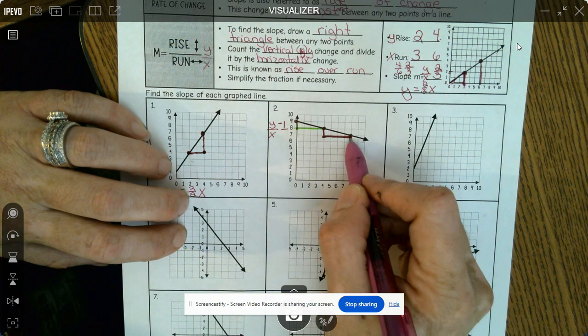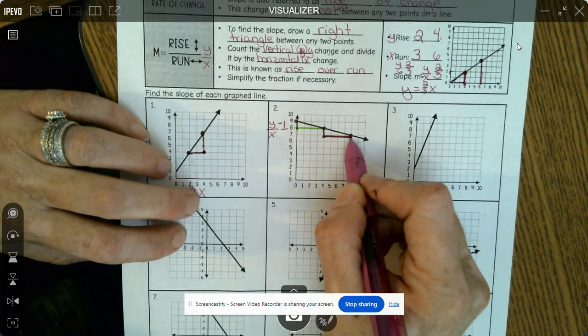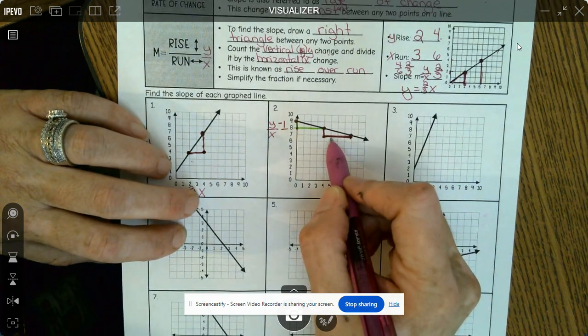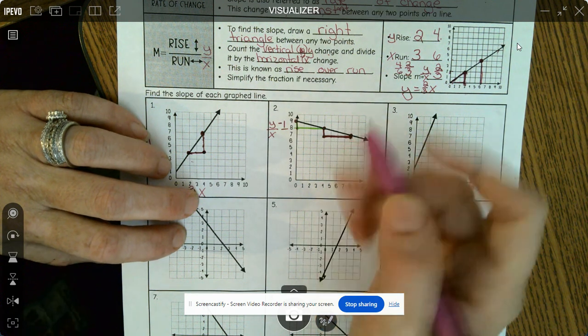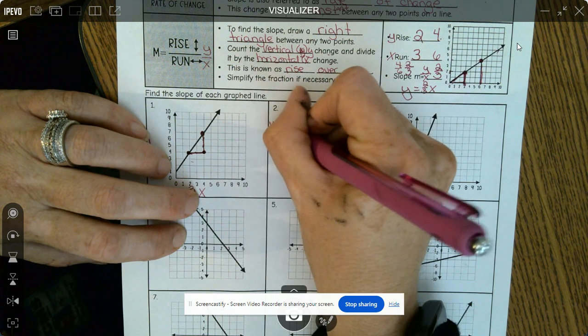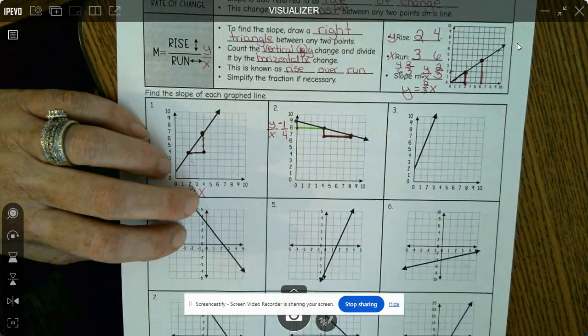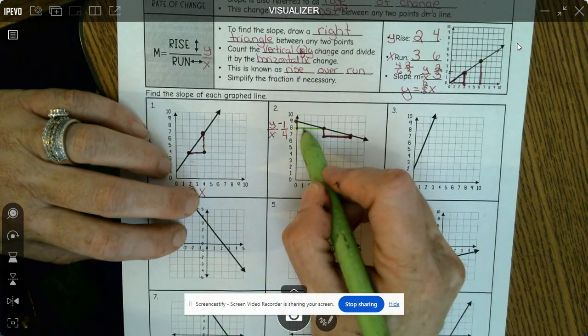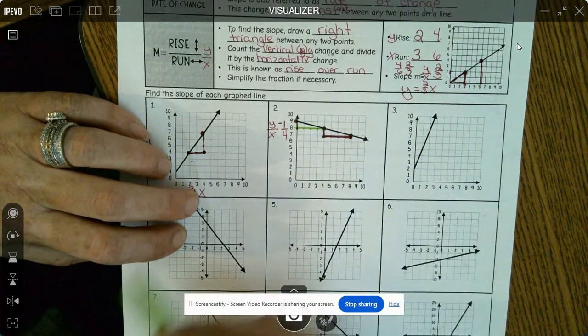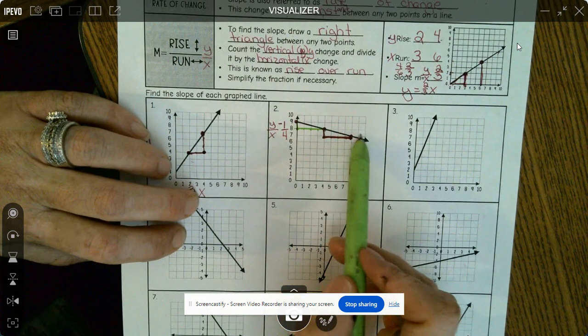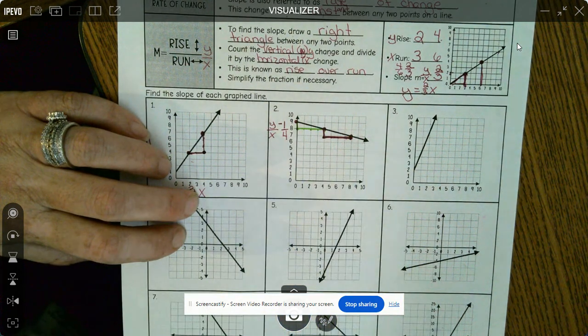From here to here, how far did you run? 1, 2, 3, 4. Even if you went up top, you'd still run 4. So whether you did your triangle here or you saw your triangle here, you're still going to come up with the same answer. Are you guys seeing it?